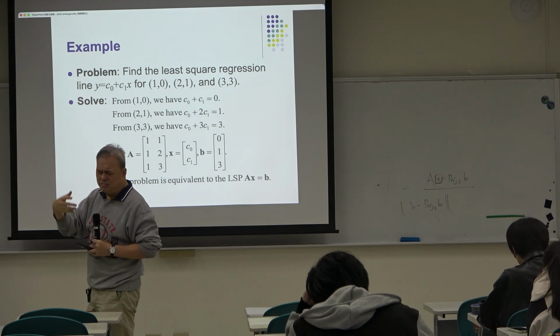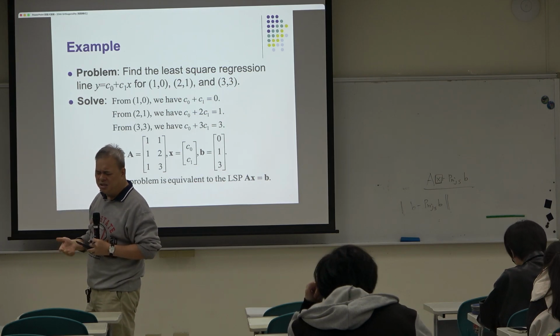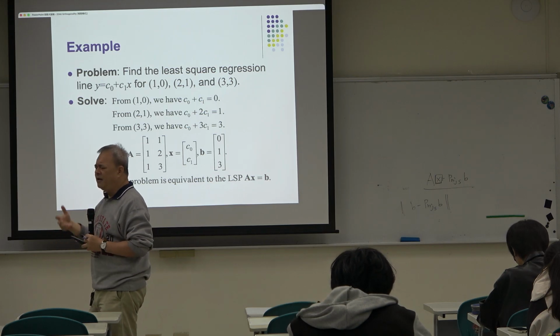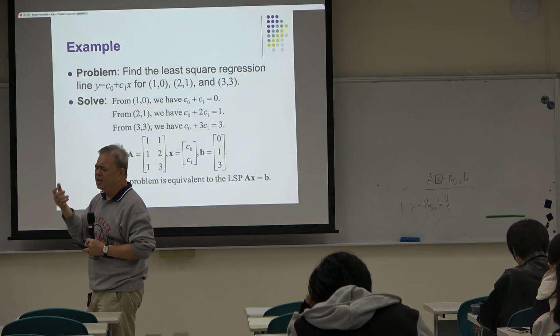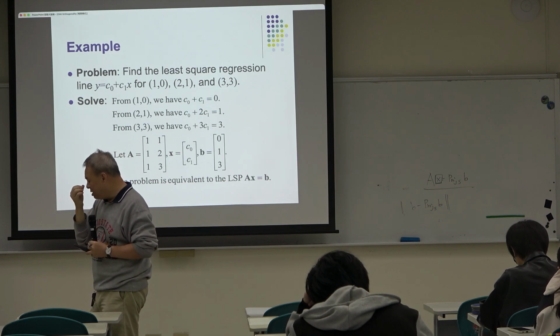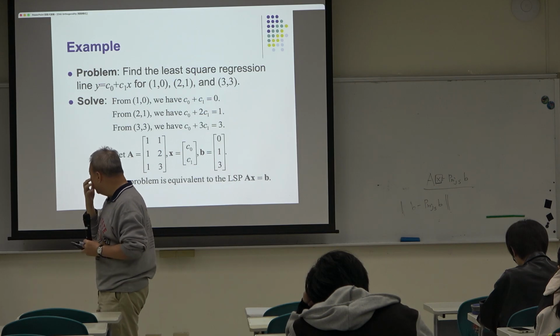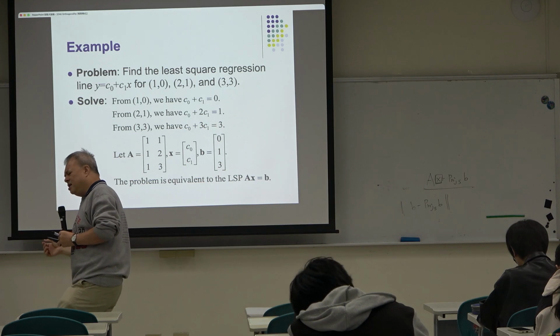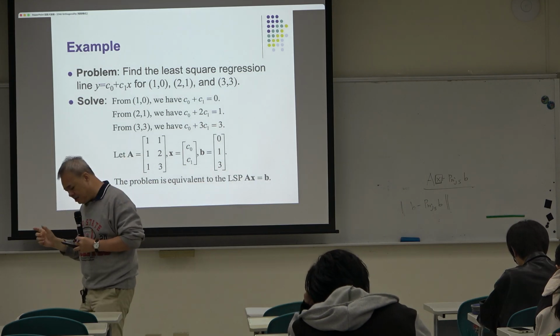So it's relatively easy to solve. You will get your c0 and c1, and with that you can obtain the trajectory, the projection of b onto this column space, and then you can get the distance.